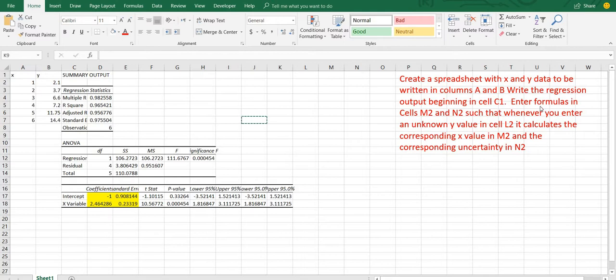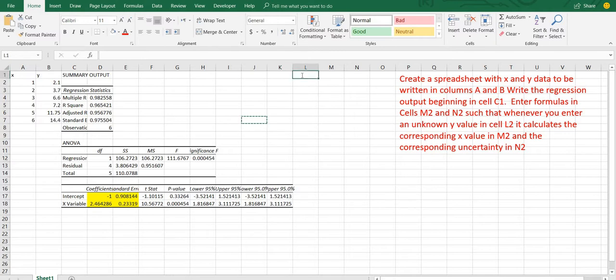Our next step is to enter formulas in cell M2 and N2, such that whenever you enter an unknown y value in cell L2, it calculates the corresponding x value in M2 and N2. So let's label our cells.